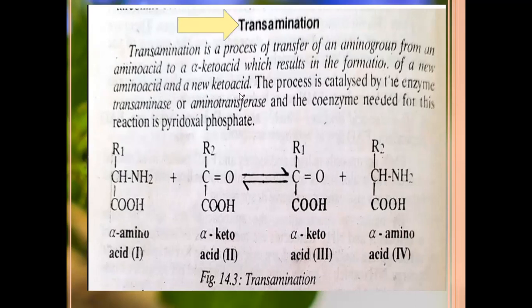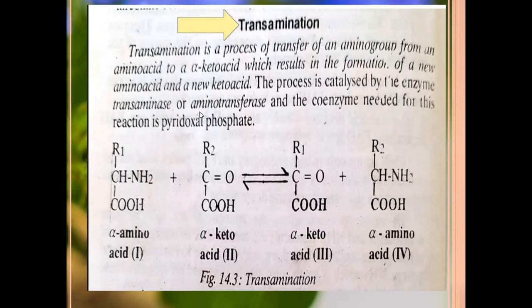So this process is called transamination. Simply, we use one phrase: transfer of amino group from amino acid to keto acid is called transamination.